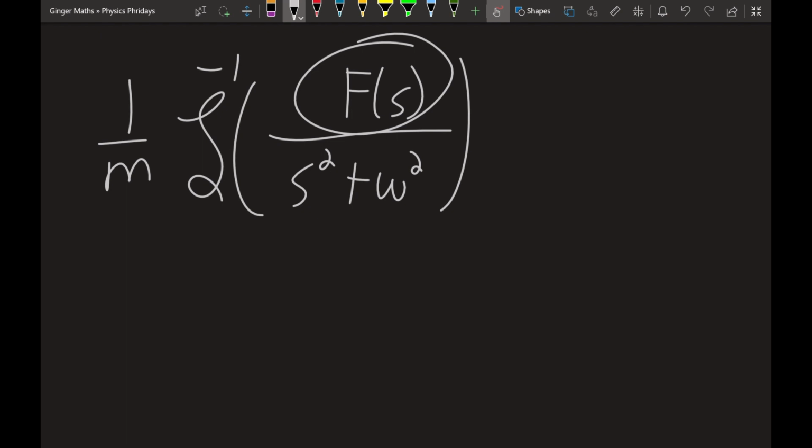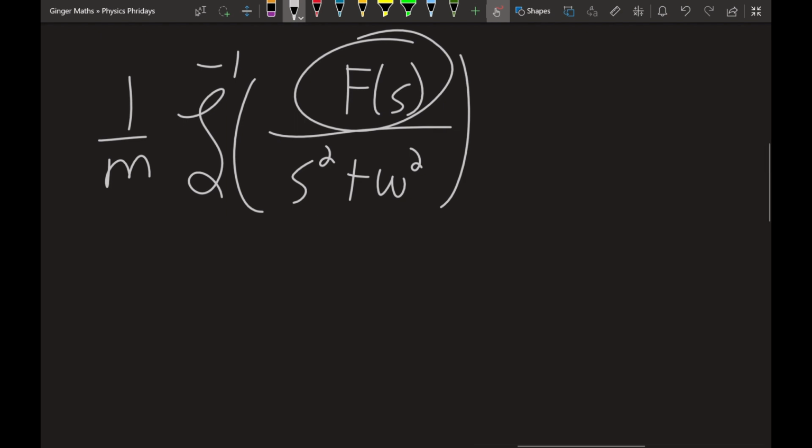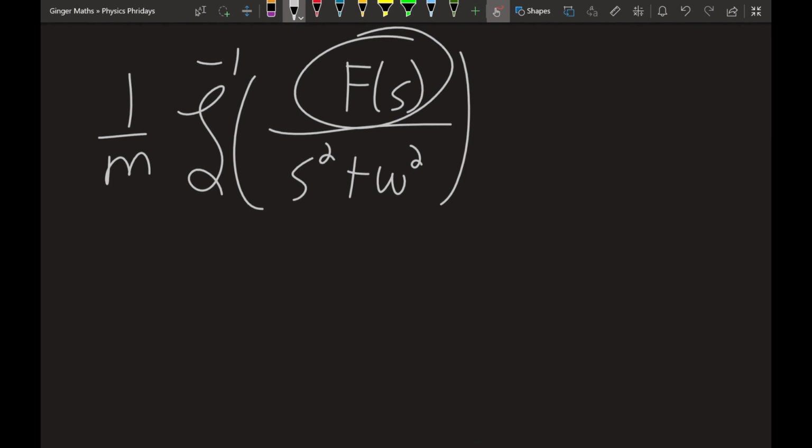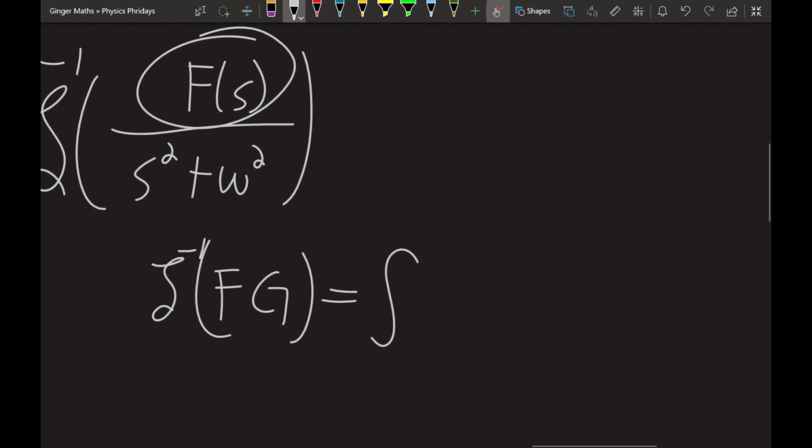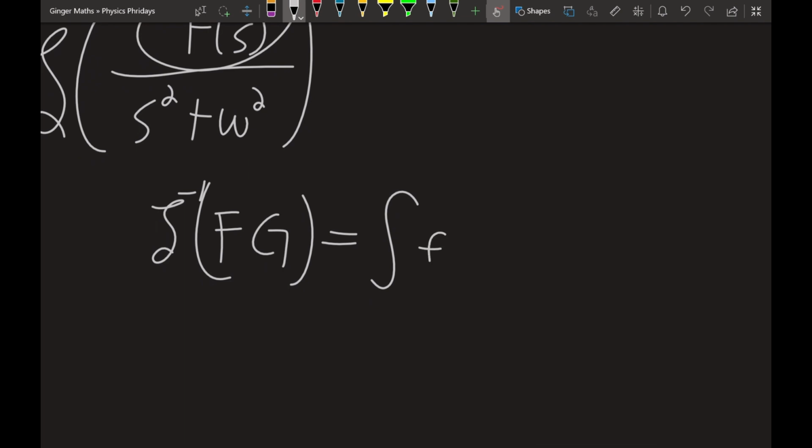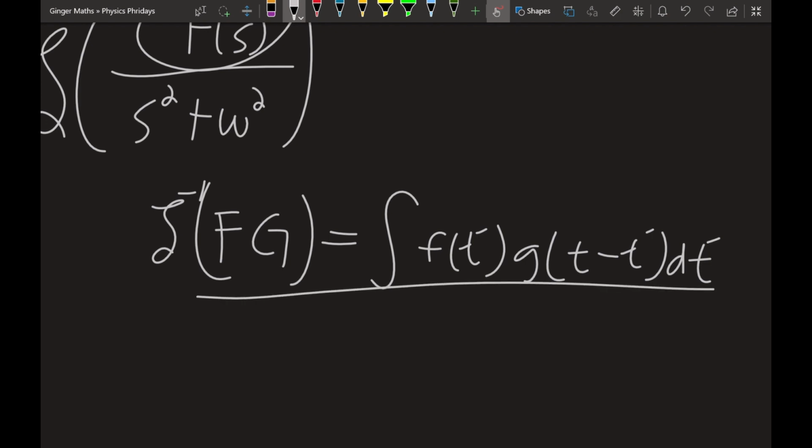So what I'm going to do is take advantage of the convolution theorem for Laplace transforms, which basically states that if we have two Laplace transforms, say F and G, those are both Laplace transforms of the normal functions f and g in lowercase, then the inverse Laplace transform of the product is just going to be the integral of f of t prime times g of t minus t prime dt prime.